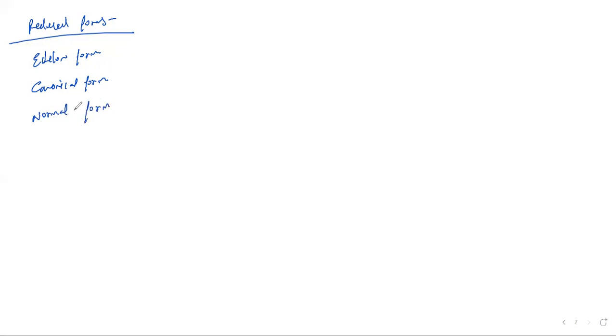Now let's look into the reduced forms, which are very important in linear algebra. There are basically three types of reduced forms: the echelon form, the canonical form, also called the row reduced echelon form, and the normal form.